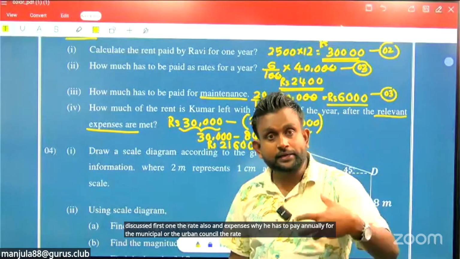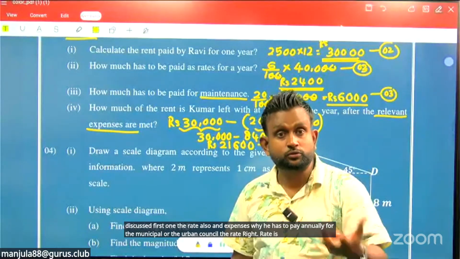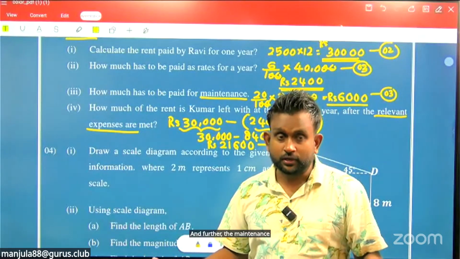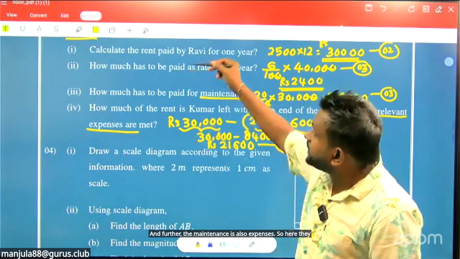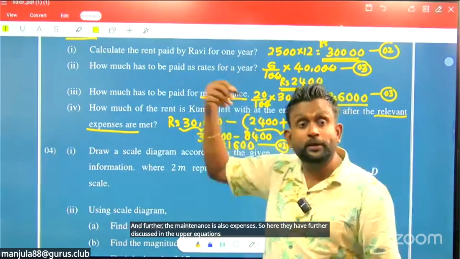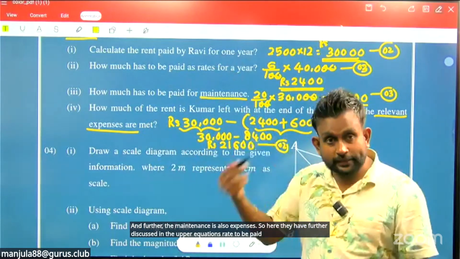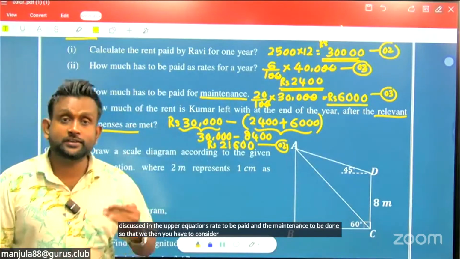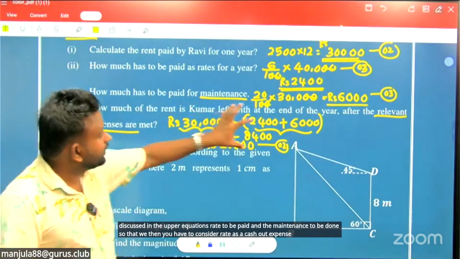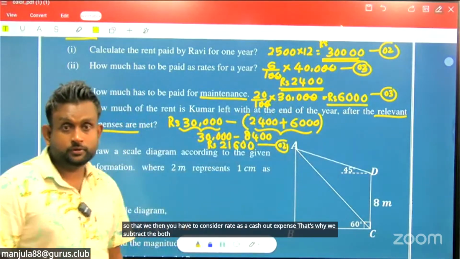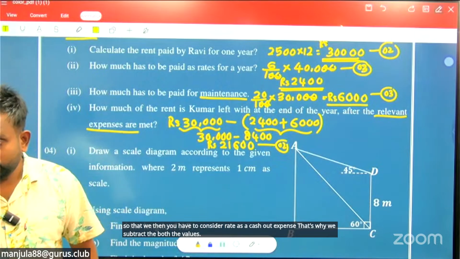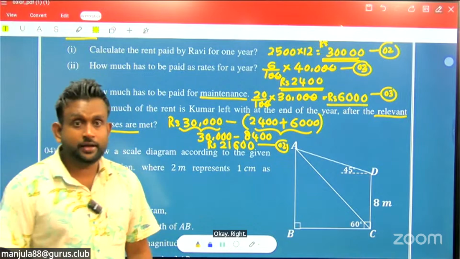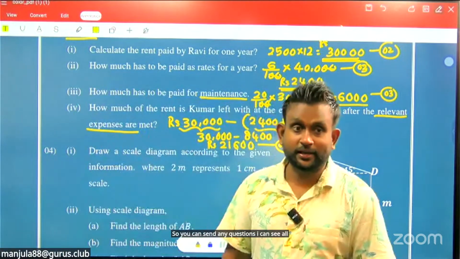Rate is a cash out expense to him. And further, the maintenance is also an expense. They have discussed in the earlier parts the rate to be paid and the maintenance to be done. So you have to consider rate as a cash out expense. That's why we subtract both the values. Right, you can send any questions. I can see all of your questions, although you cannot see.